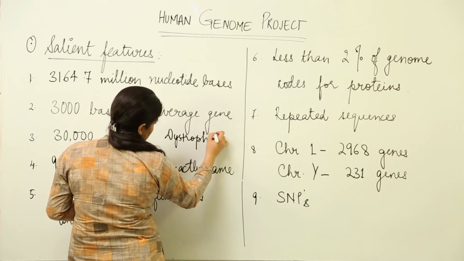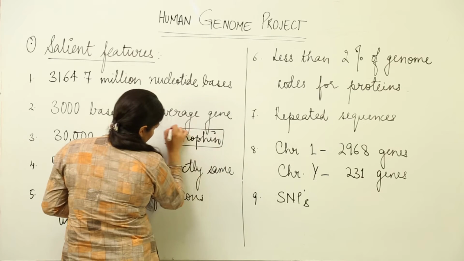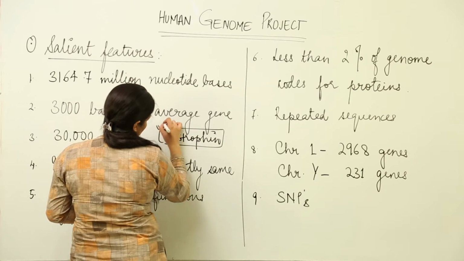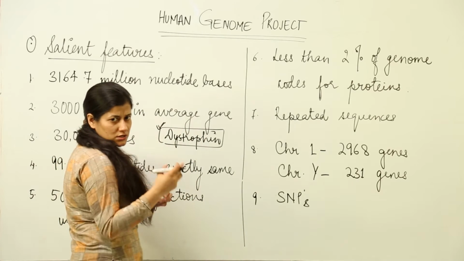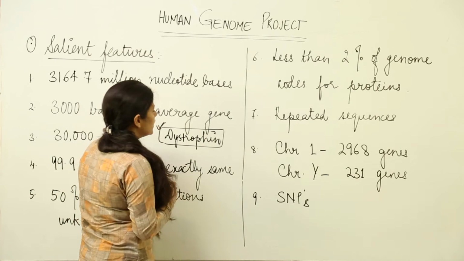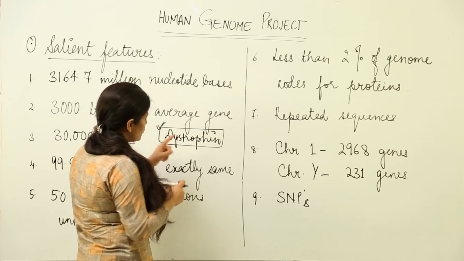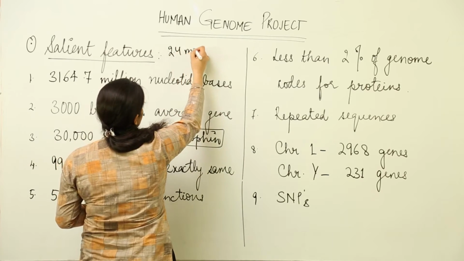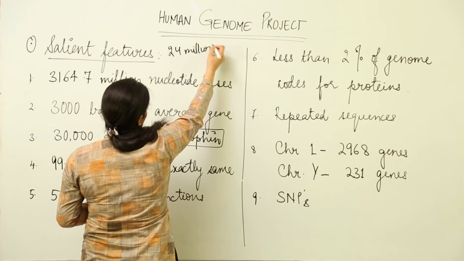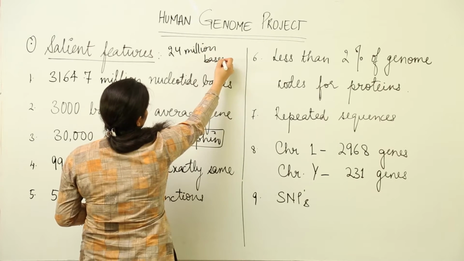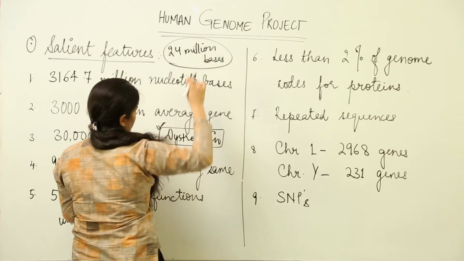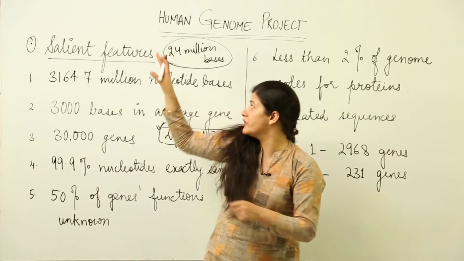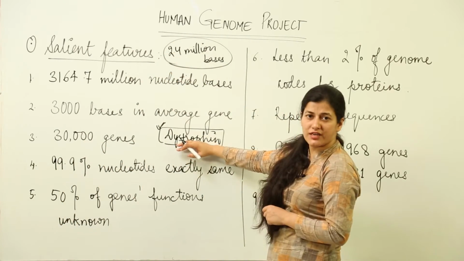Dystrophin is responsible for muscular contractions and controlling the activities over there. This dystrophin has as much as 2.4 million bases. So you see, while the average is 3000 base pairs, some could have as much as 2.4 million bases, and dystrophin is one of the examples.